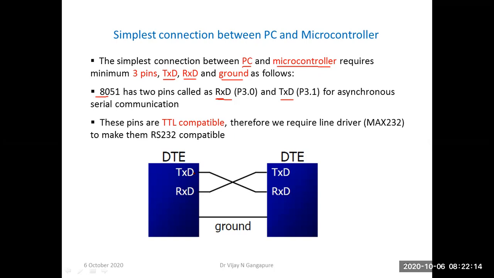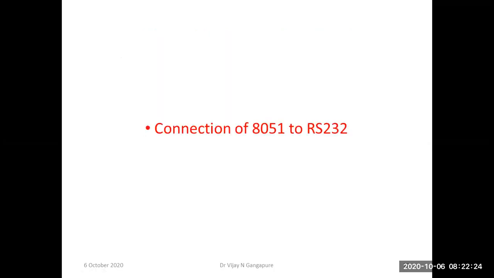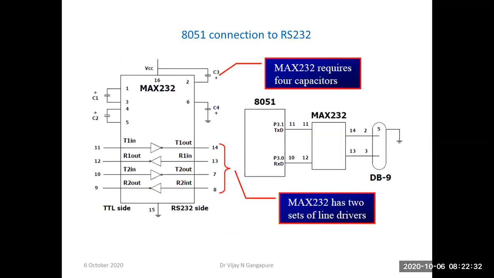That is the way we can interface the PC's RS232 port with the serial port of the 8051 microcontroller. Actual connections of the 8051 to the RS232 port of a PC or any other device are shown here. For that, a MAX232 line driver or voltage converter is used like this.